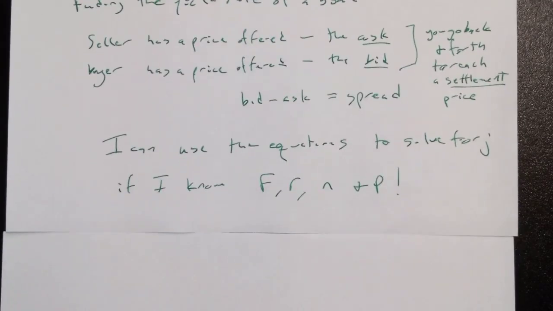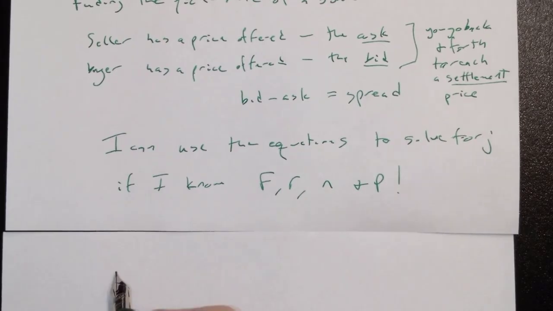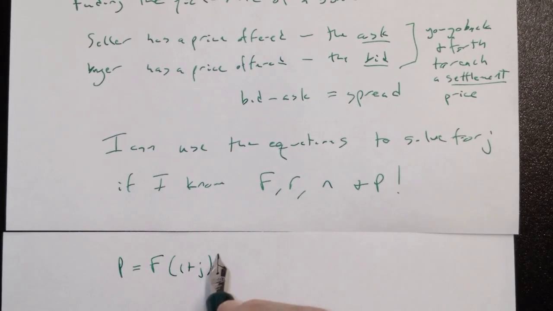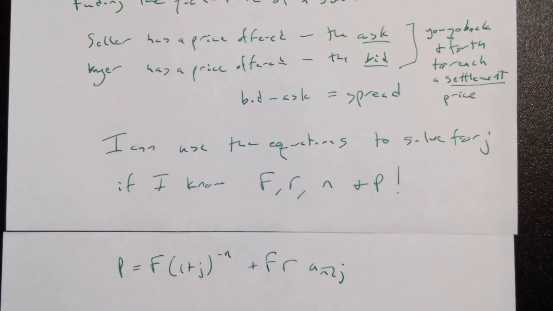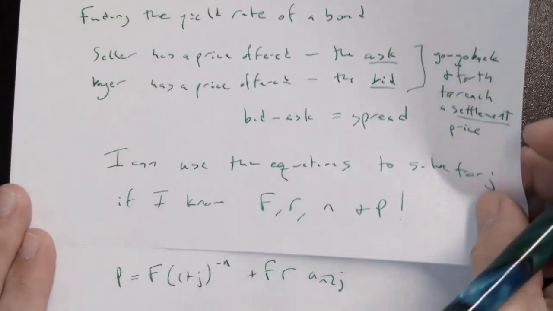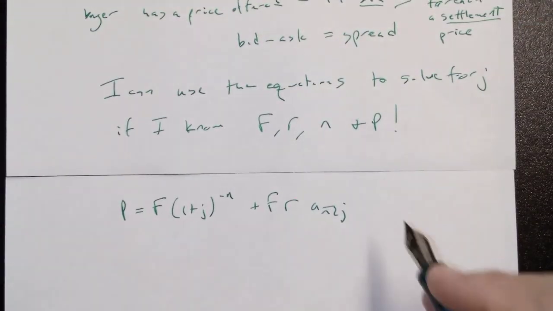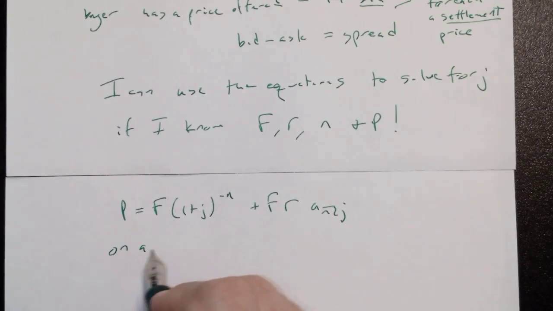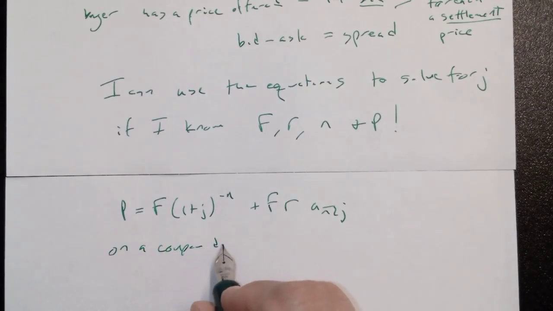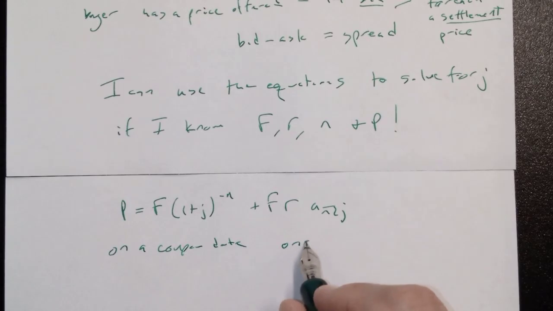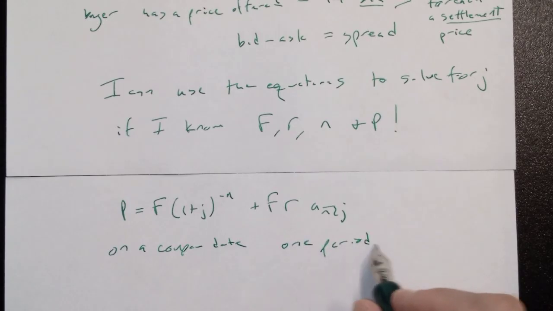Again, I'm going to use my same idea that the price is F(1+J)^(-N) + F r a_N|J, on a coupon date one period before the next coupon is due.